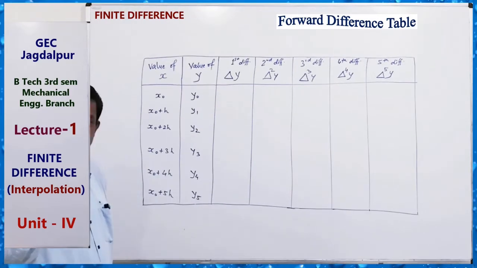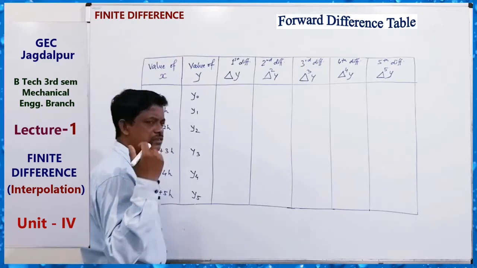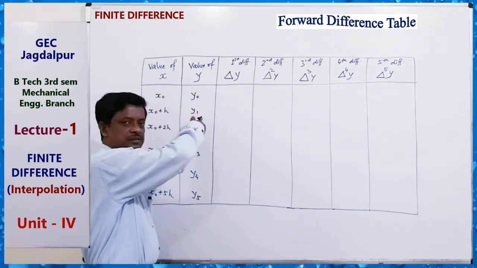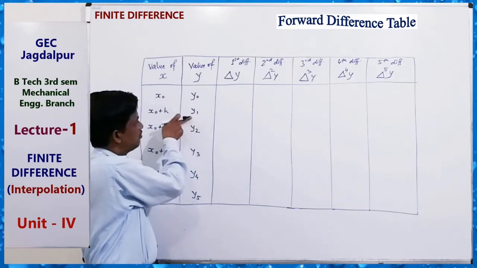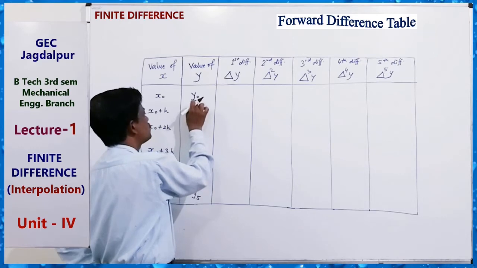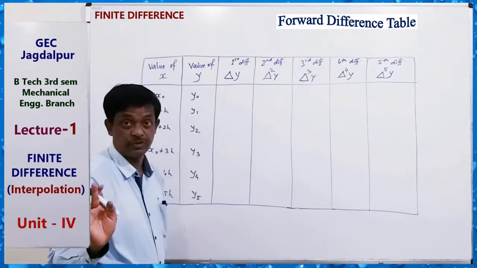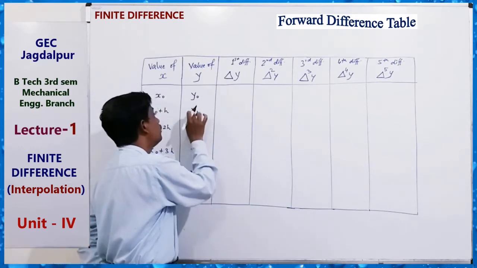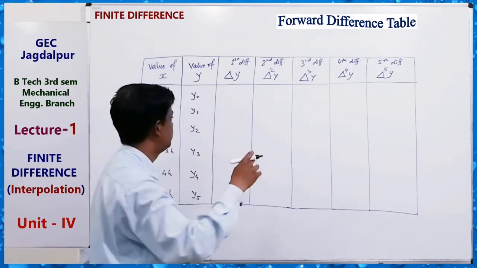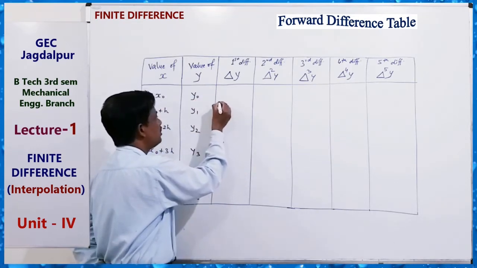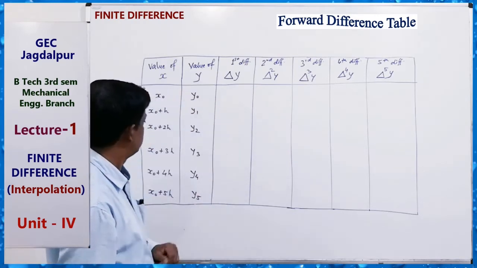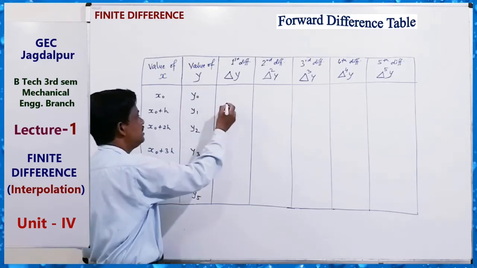Difference table making is very simple. Just subtract the previous term from the next term. That is y1 minus y0. Just subtract it only, and write it in between.